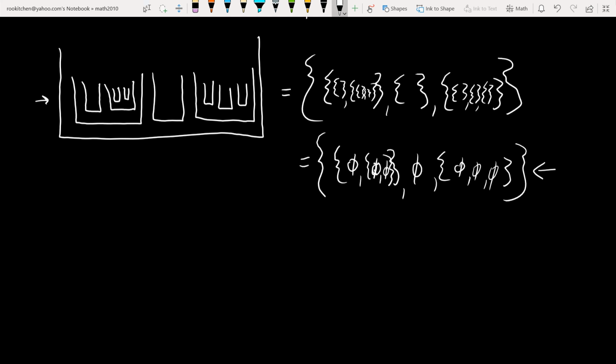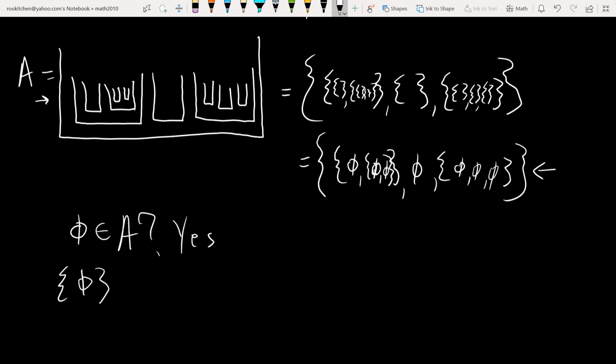Okay, they can ask weird questions like, is the null set, and let's call this thing A, an element of A? And yes, it is. Okay. How about is the set that contains the null set a subset of A?